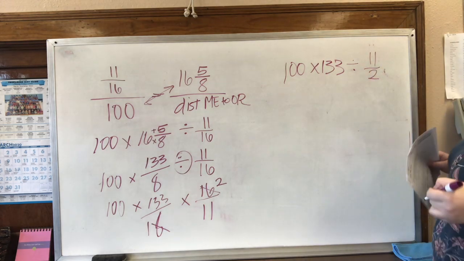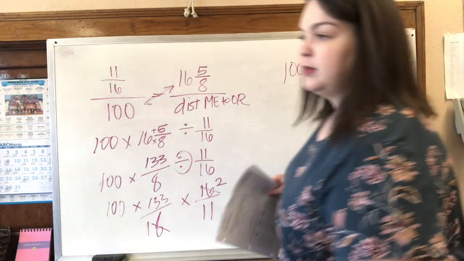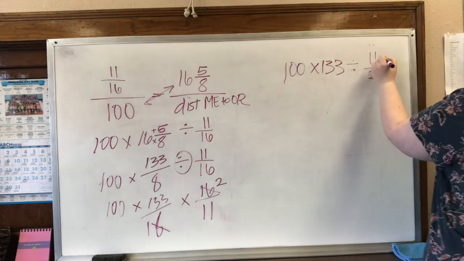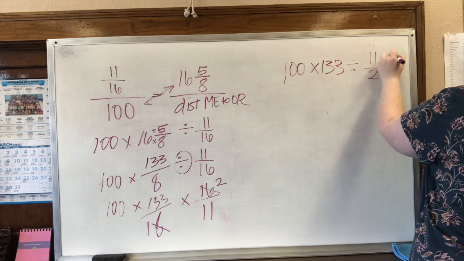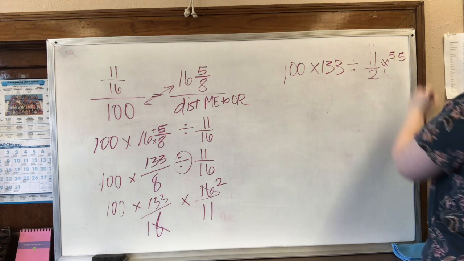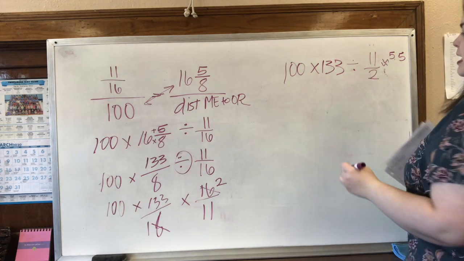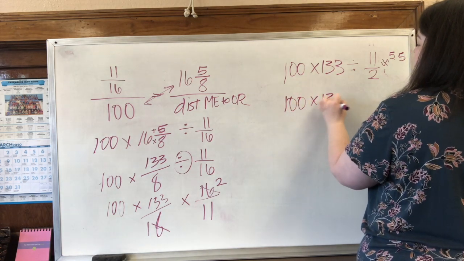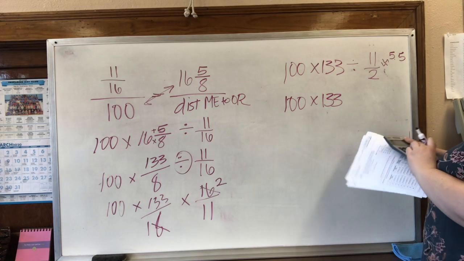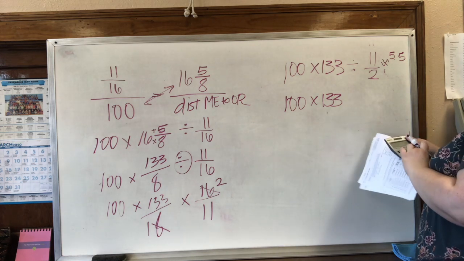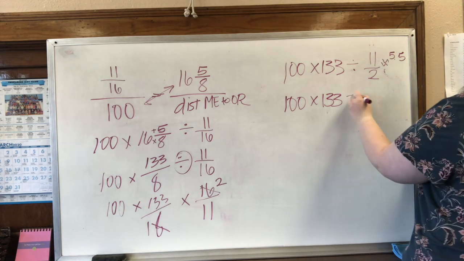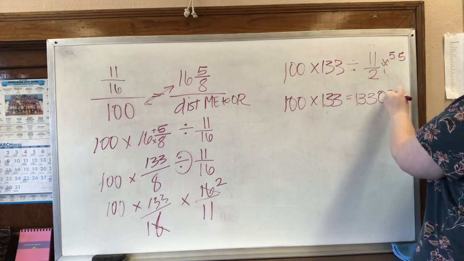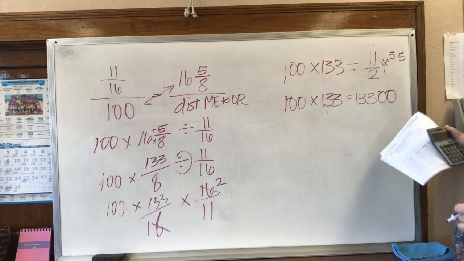Which in your calculator is equivalent to 5.5. So in your calculator, 100 times 133 gives you 13,300. Okay, we're not done.